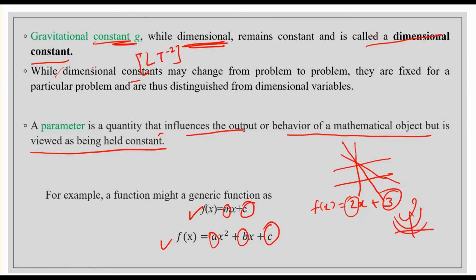Now consider a simple equation of motion which is given as this, which we have already discussed. In this, we have dimensional variables z and t. The dimension of z is L and the dimension of t is time. Now if we integrate this, what will we get?